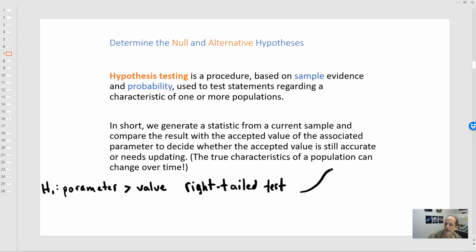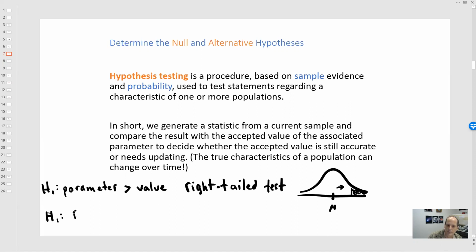And the reason for that is here's our normal curve, here's the mean we're testing against, and if it's increased, well then it's moved over here somewhere into the right tail. So this would be why we're using right tail. So if it's greater, then it pushes it over into the right tail.